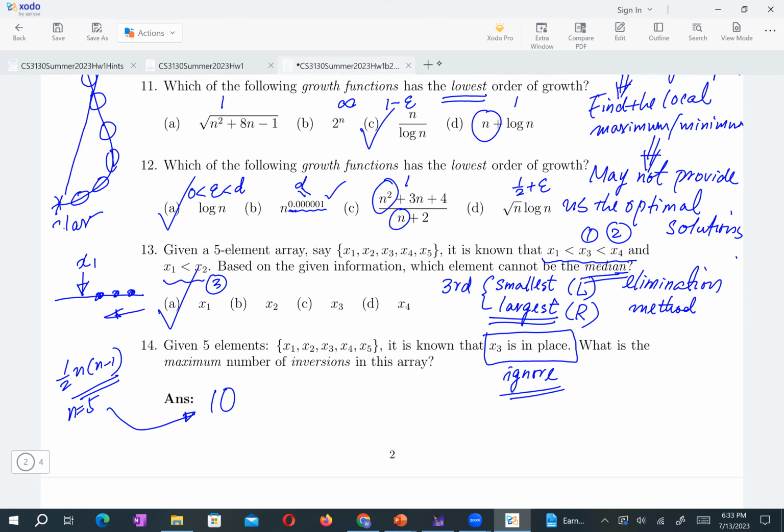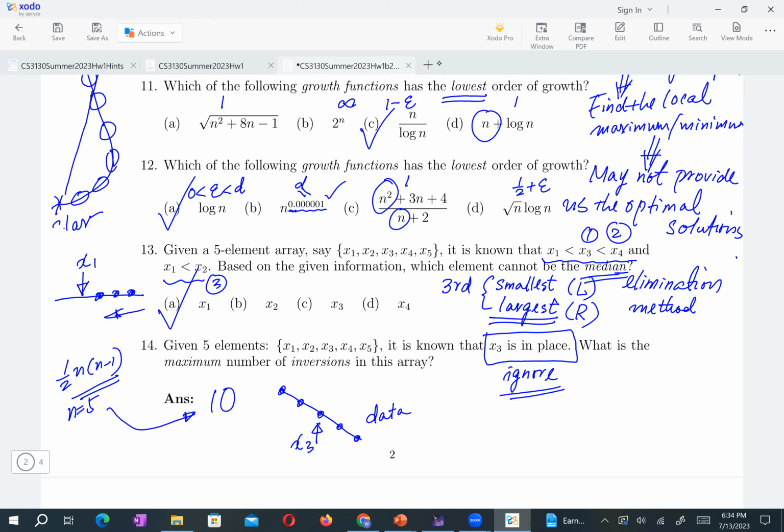Now, after that, you add this condition back. But before you add the condition back, let's recall: when we get the maximum number of inversions, what does the data look like? Descending order. Since the data is in descending order, X3 in place is compatible with that descending order, right? We do not need to make any change.